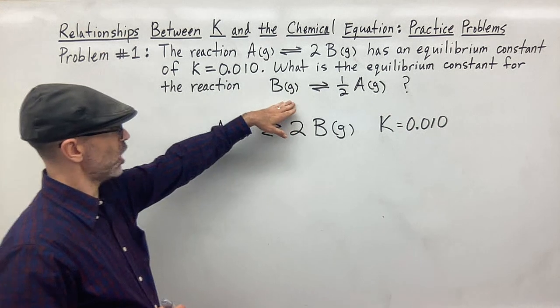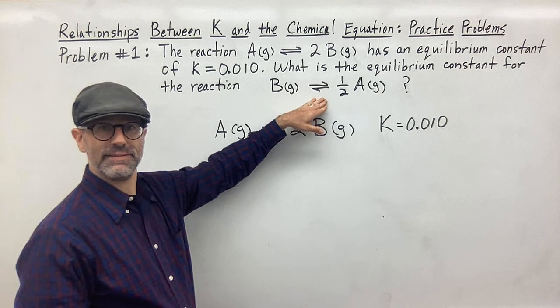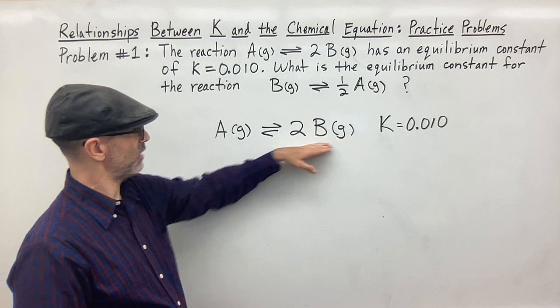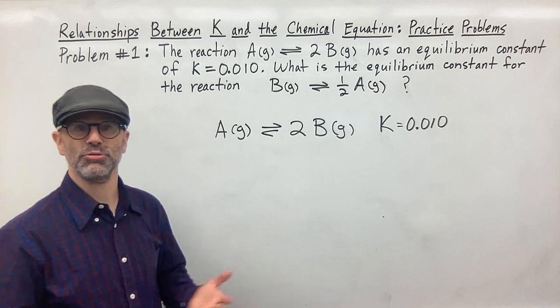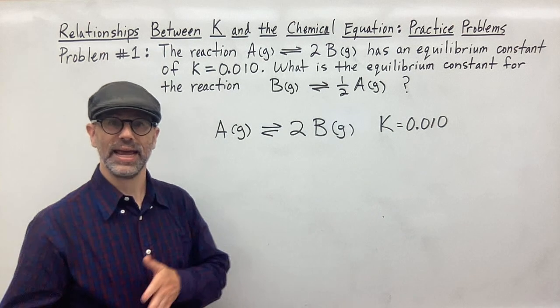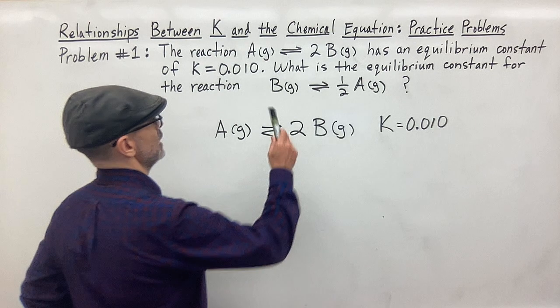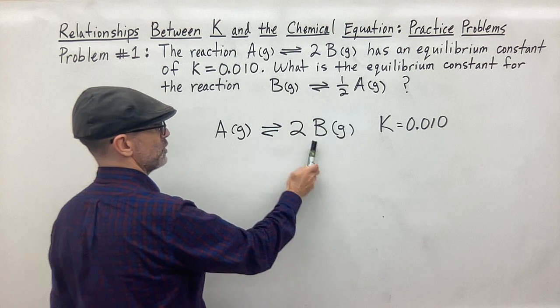But my target is this one. So how do I get the K value, my equilibrium constant for this reaction, if I'm given this reaction and its K value? Well, I have to use the relationships between K and the equation. The first thing I notice is that the difference between this one and this one is that it's reversed.